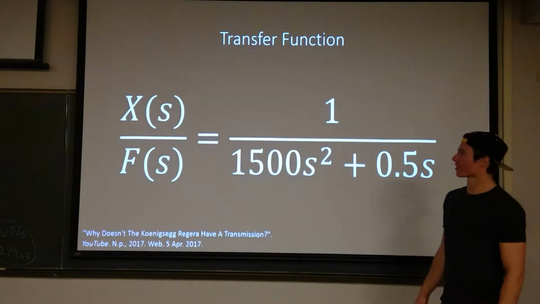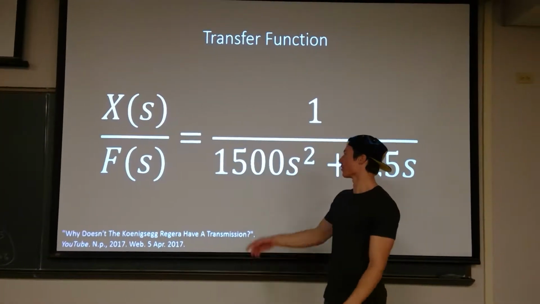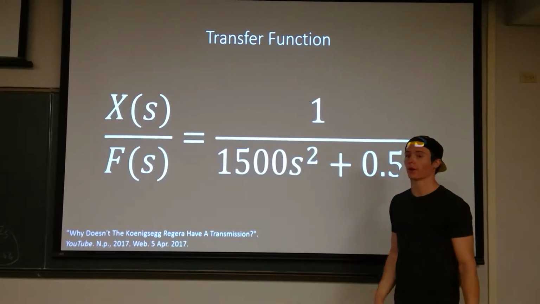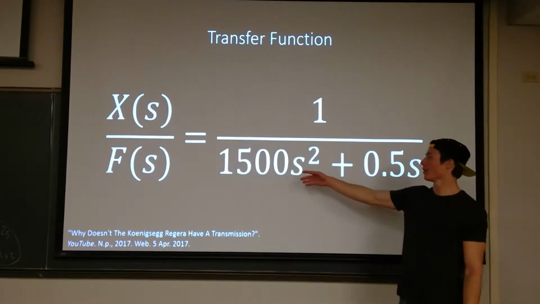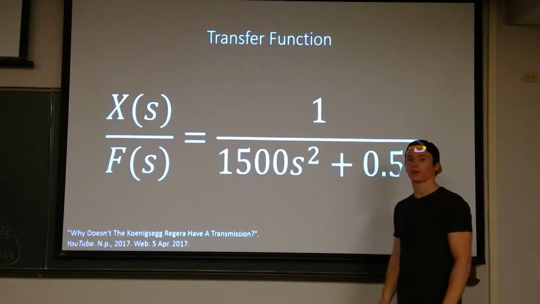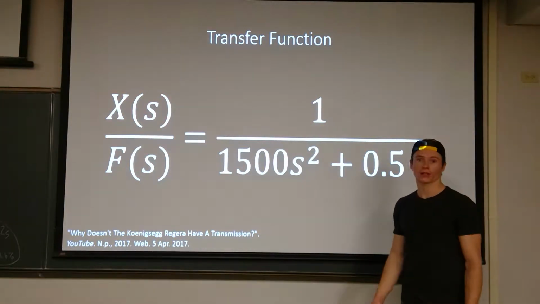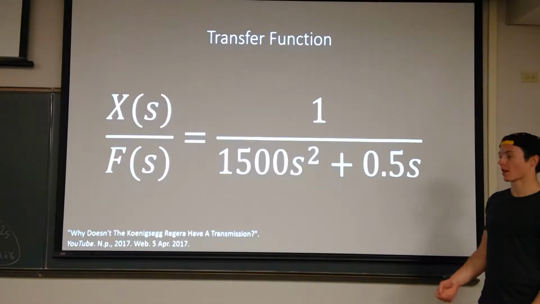Okay, so here we have our transfer function. This is the position over the force, our output over our input for our plant model. This is the equation that represents our plant model. Here we have 1,500 kilograms as the mass of our vehicle, which is about the average mass for a sedan. Here we have 0.5 as our damping coefficient.